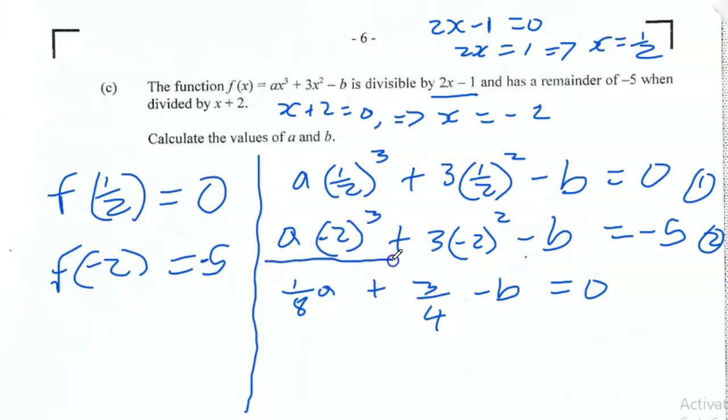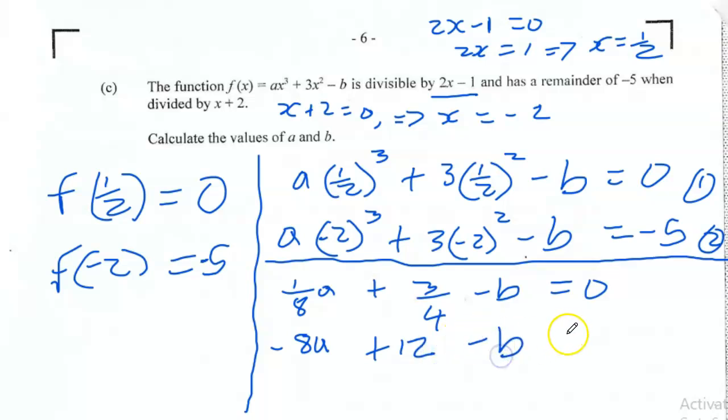Let me just separate this. Simplify the other one: minus 2 to the power of 3 is minus 8, so minus 8a. Minus 2 squared is 4, so 4 times 3 is 12. So positive 12 minus b is equal to minus 5.